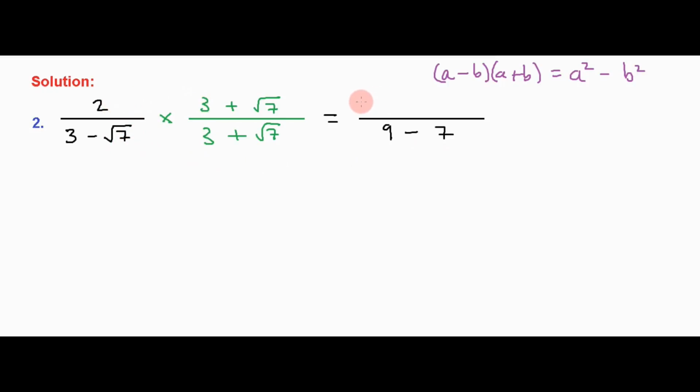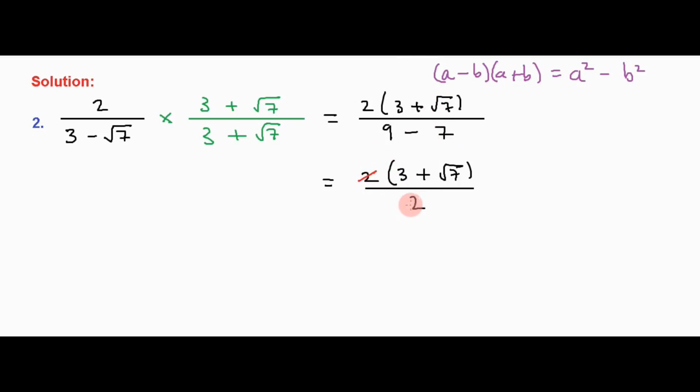Now we can multiply the numerators. So it's 2 times 3 plus root 7. And of course we have 2 times 3 plus root 7 on top. And in the denominator, we have 9 minus 7, which is 2.